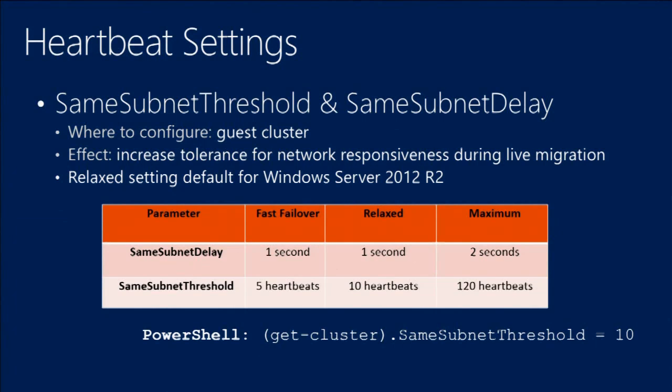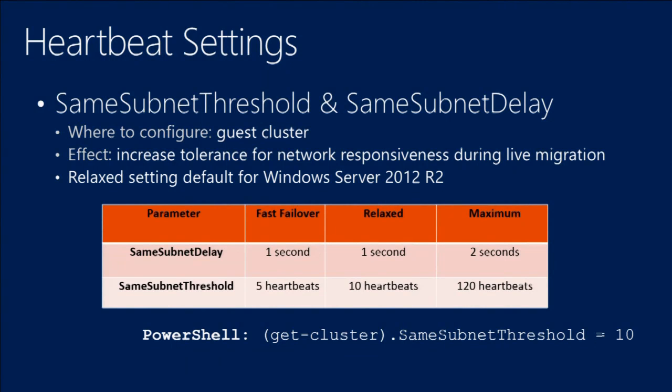But for your guest cluster, for live migration, you can run into a blackout period. And a same subnet threshold of 5 might just not be enough. So you might want to bump it up to 10, or whatever works for your infrastructure.